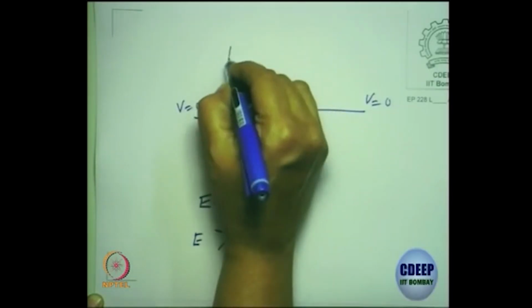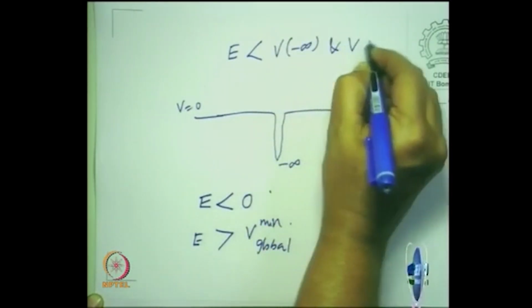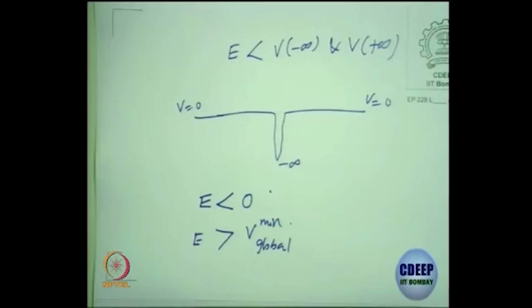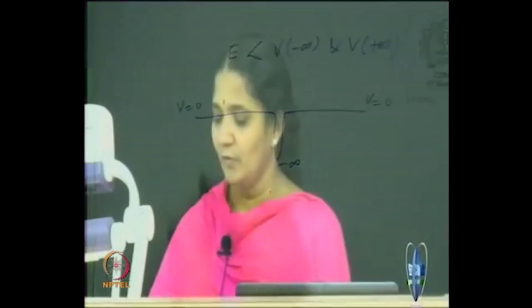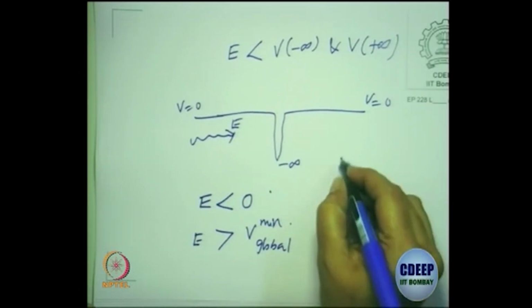So V at plus infinity and minus infinity are 0. E should be negative, but E should be greater than global minimum. So, you can have energies of the particle like this. So, bound state is possible, right? You all agree?